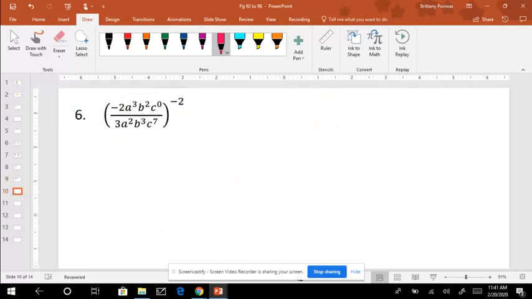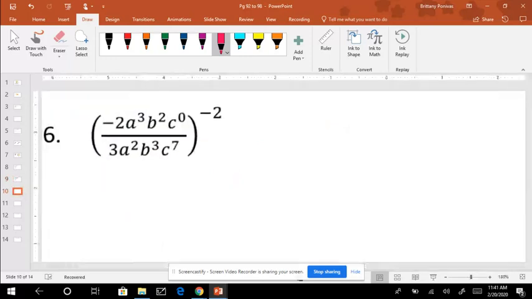Moving on to number 6. Number 6 has a lot going on, so I'm going to work this one slow and in multiple steps. So the first thing we're looking at is this negative 2 on the outside. Since it's negative, it's going to flip this fraction, so all of this stuff is going to swap spots.